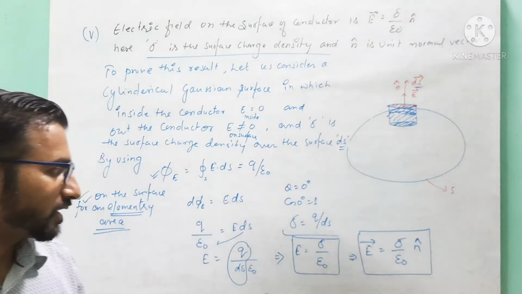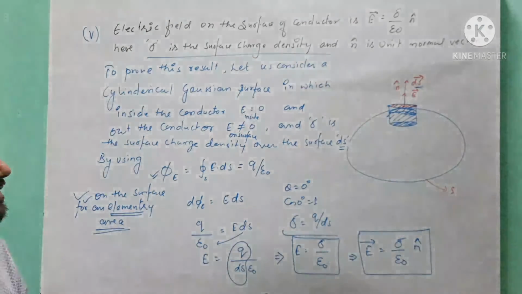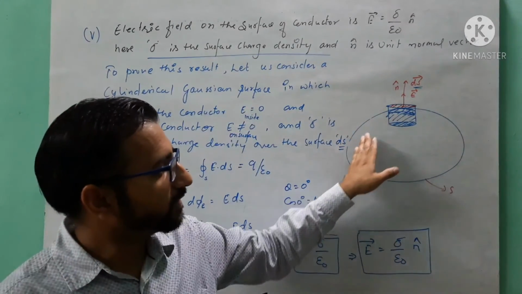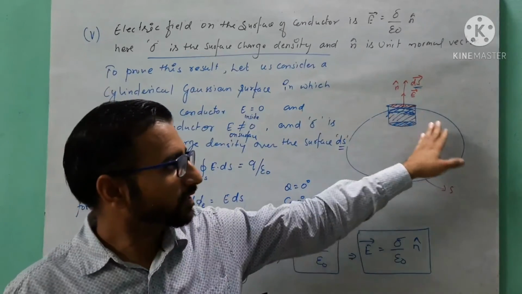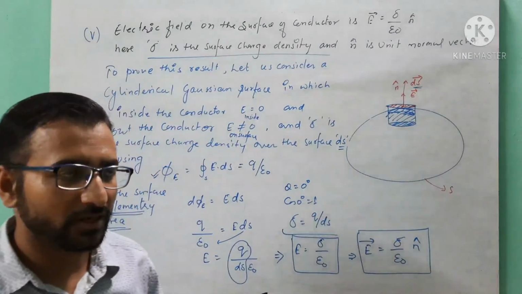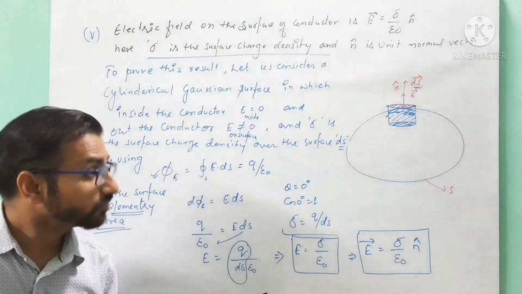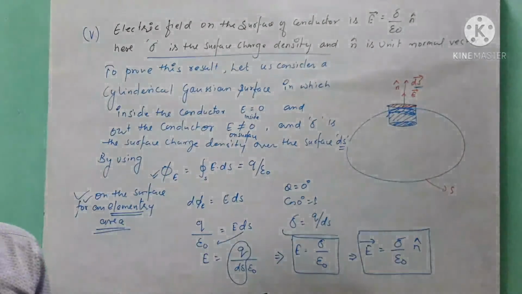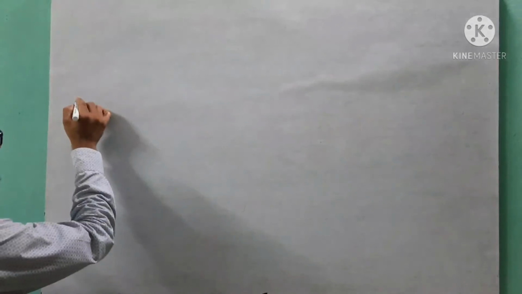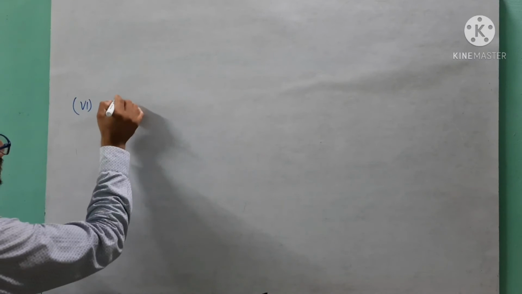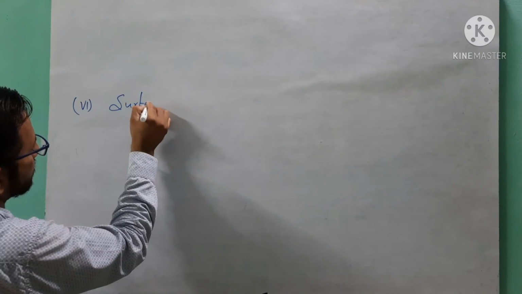Then after that we will talk about the next condition, in which the surface charge density at different points of the surface is different. It is due to the rearrangement of charges. So pause the video and note down that we will talk about the sixth condition, not fifth, which is surface charge density.